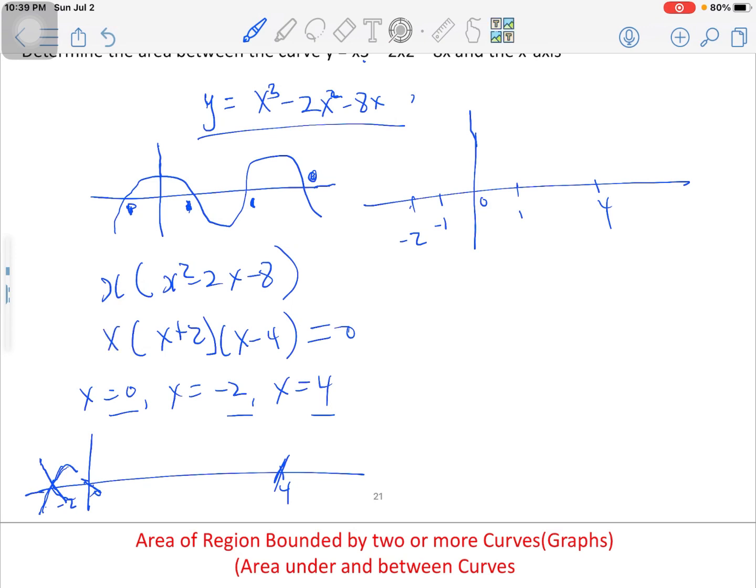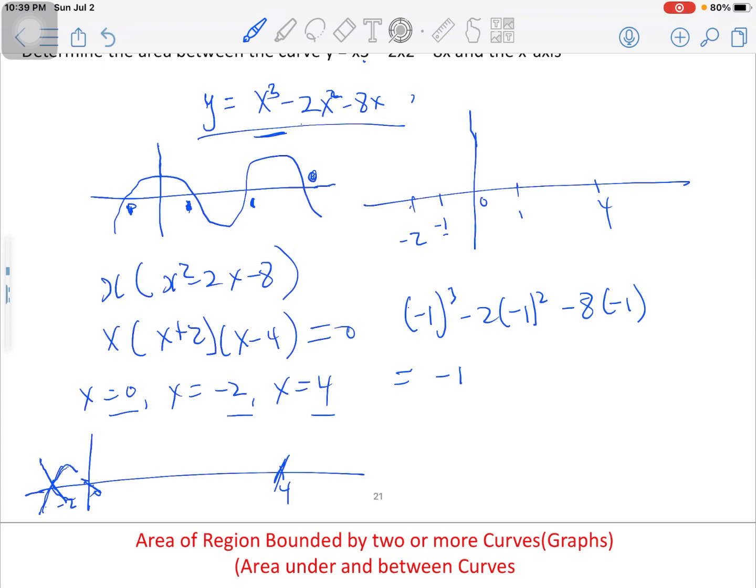So based on that, we can put this -1 into this equation. When we put this -1 into this equation, what are we going to get? We are going to get -1 power 3 minus 2 times -1 power 2 minus 8 times -1.